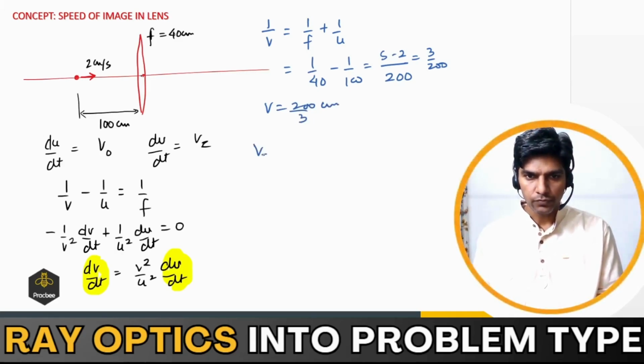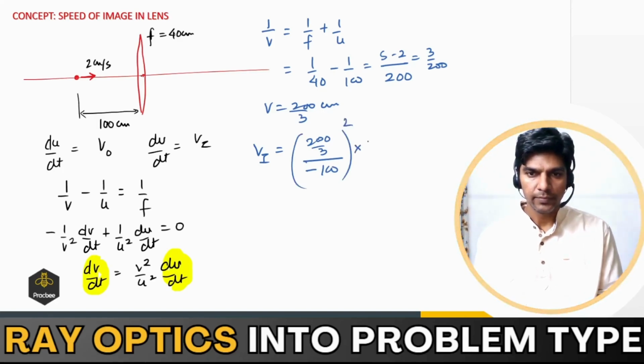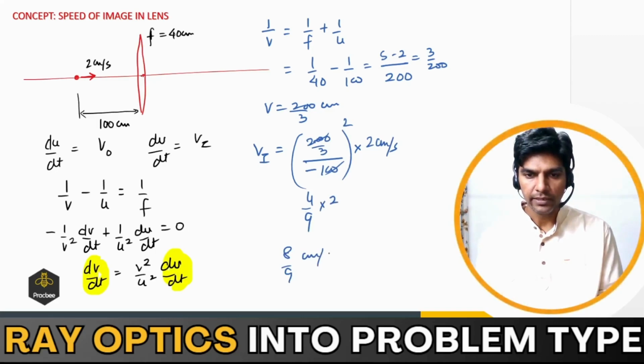So if we apply this formula, velocity of the image will be (200 by 3) divided by (minus 100) square, whole square, times the velocity of the object, that is 2 centimeter per second. So this will give us 4 by 9 times 2, so it will be 8 by 9 centimeters per second.